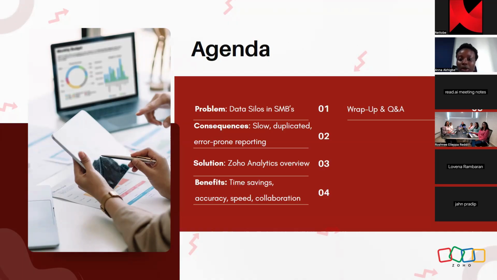Then we can round up with a brief demo of the application, and if there are any questions, I'll be taking them. This demo in particular will just make you understand how things work in Zoho Analytics and leave you with a few ways on how you can navigate the application yourself.